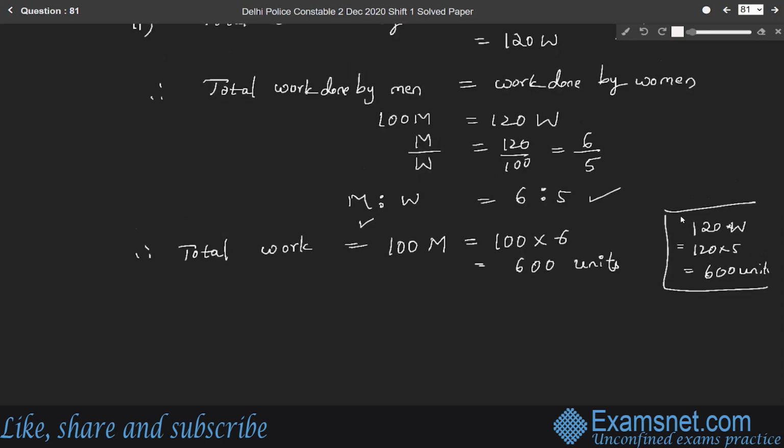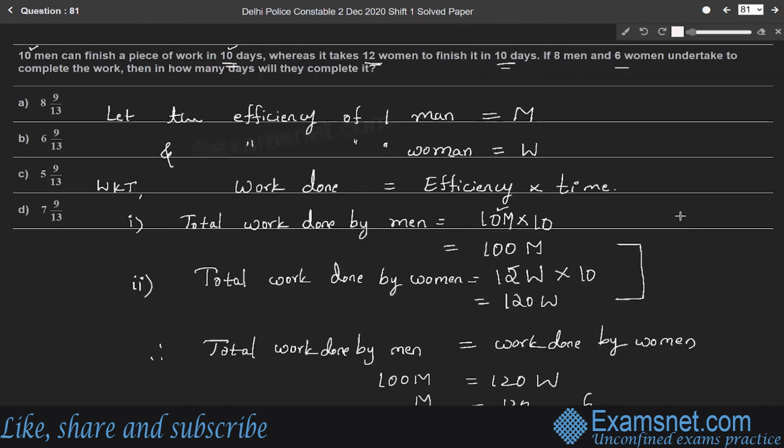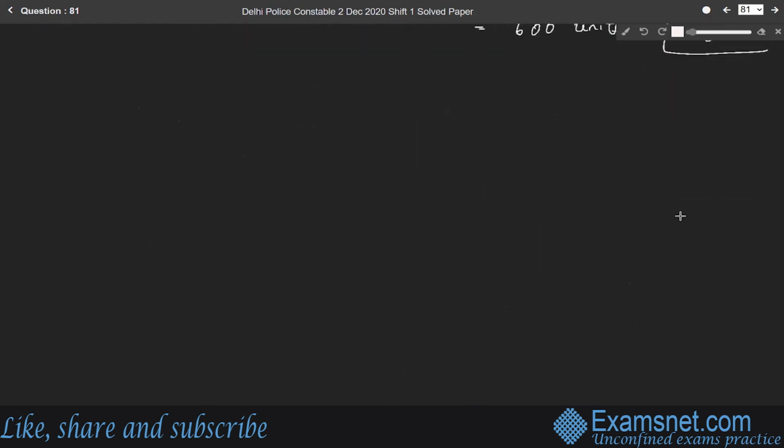Now come back to the question. If 8 men and 6 women undertake to complete the work, the total efficiency of 8 men and 6 women is equal to 8 into the efficiency of 1 man plus 6 into the efficiency of 1 woman.